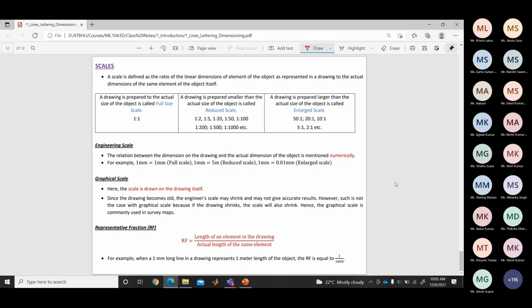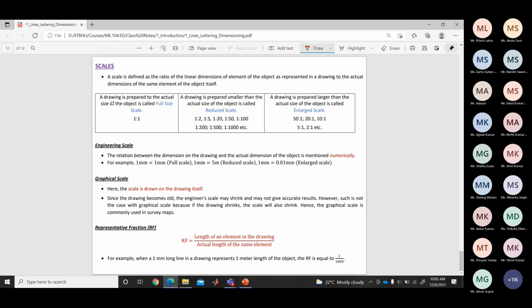Scaling is defined as the ratio of the dimension of the element represented on the drawing to the actual dimension of the element. So it is the dimension on the drawing of the element divided by the actual dimension of that same element. This is the scaling.